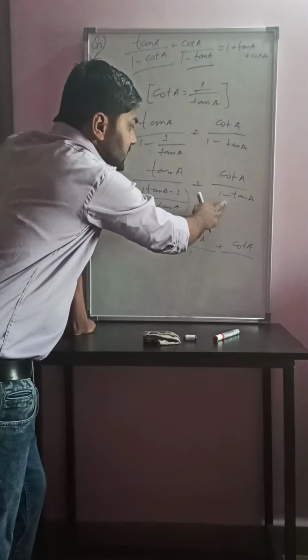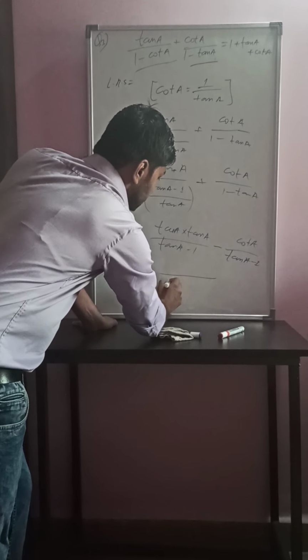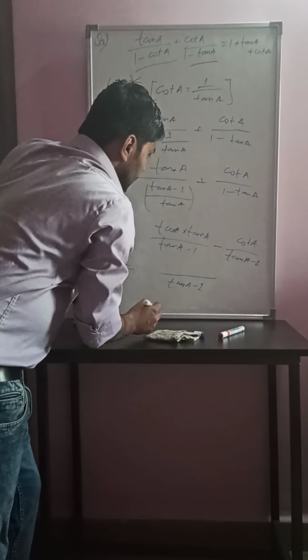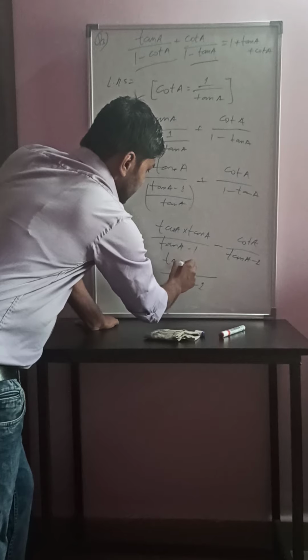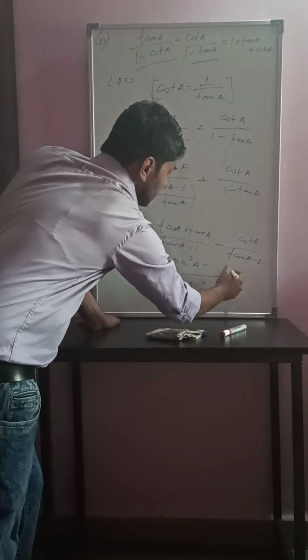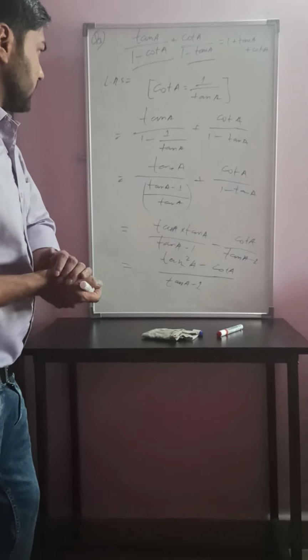Now is it the common base? Yes, we got the common base here. So which is equal to tan A minus 1. Here it will be tan A square, and this minus cot A. Fine till here?